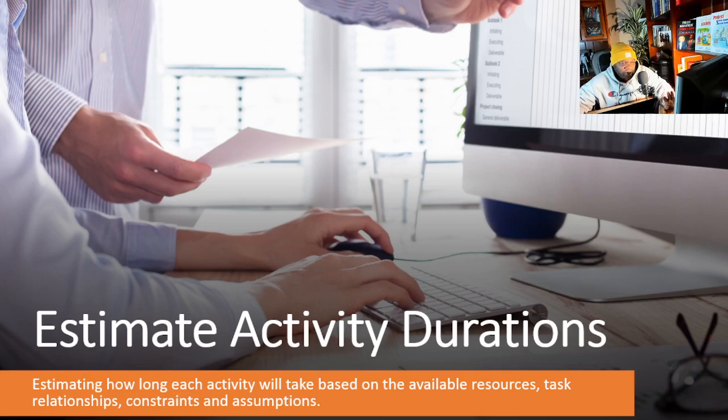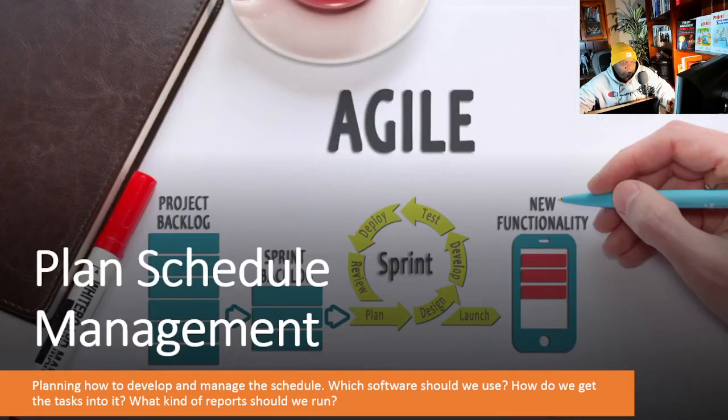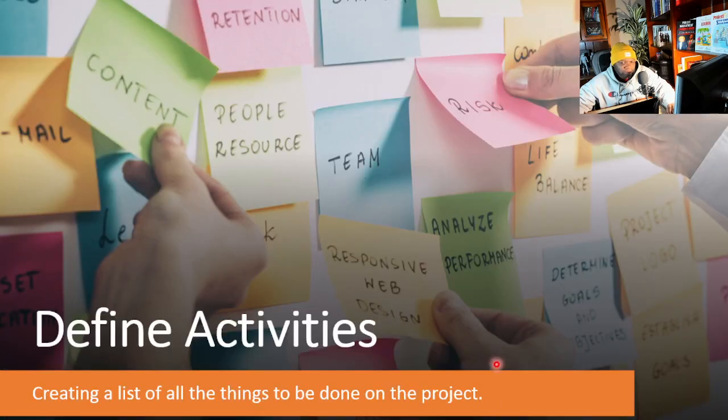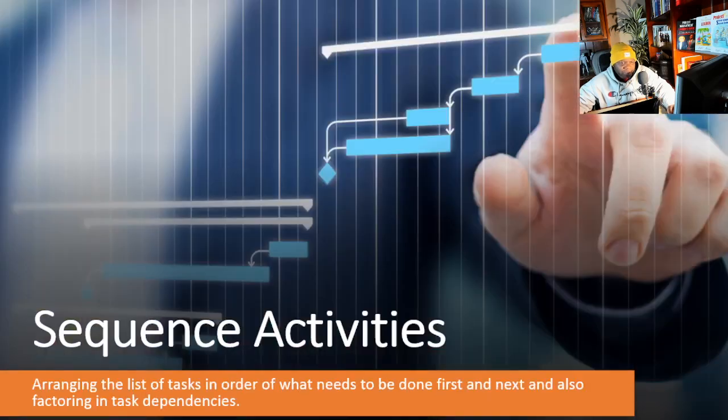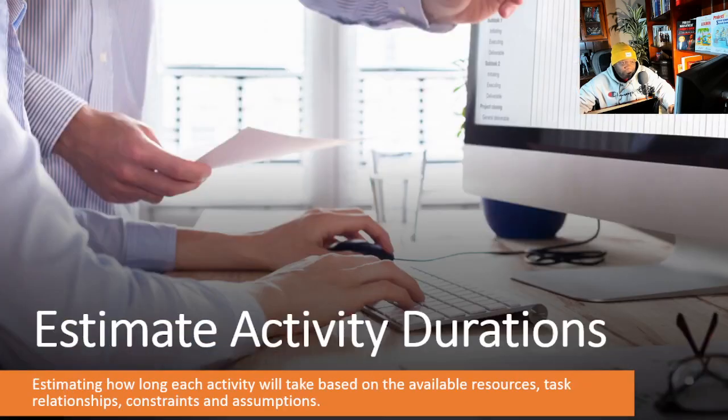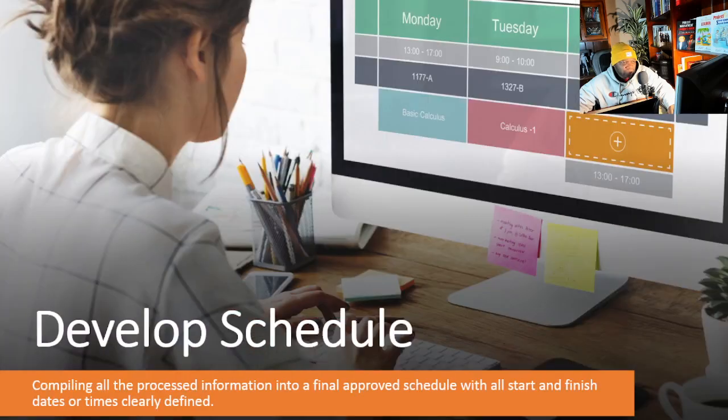We started off with plan schedule management, then define activities, then sequence activities, and now estimate activity durations. How long will each activity take? And after estimate activity durations, we have develop schedule.